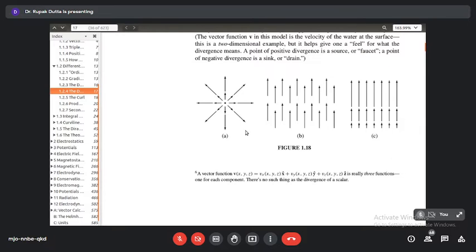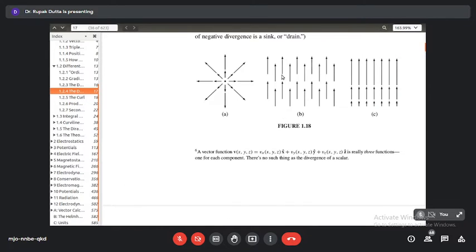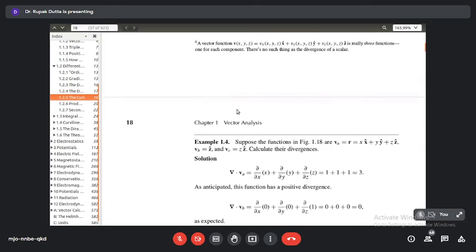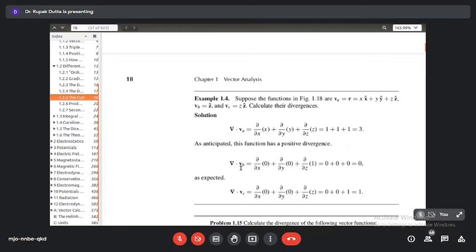So k is basically some constant, right? Yes, sir. Instead of k z cap, they have simply written z cap, saying that the magnitude is 1. It is the same. Either you can write k z cap, if k is constant, and if you find del dot V, even if it is k z cap, it will give you 0, right?